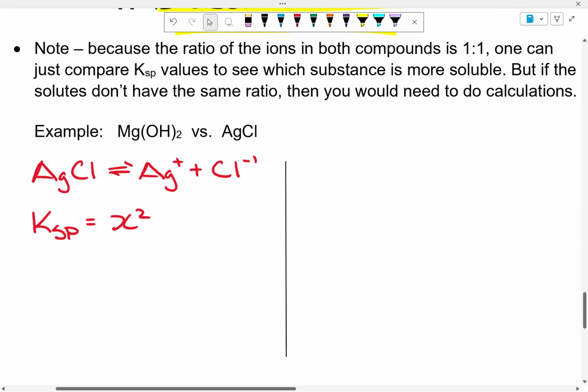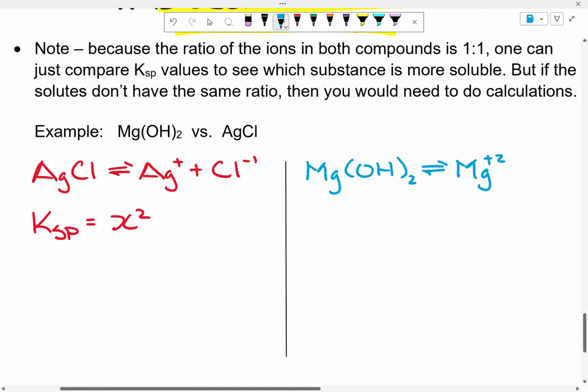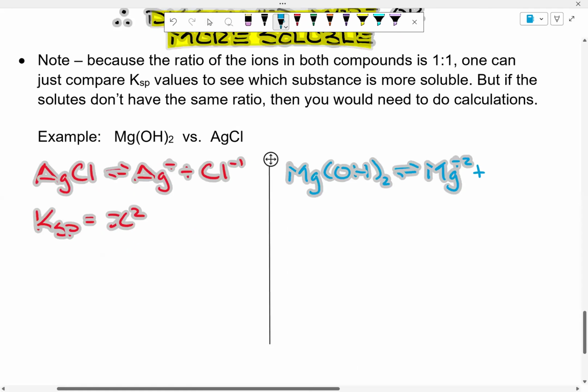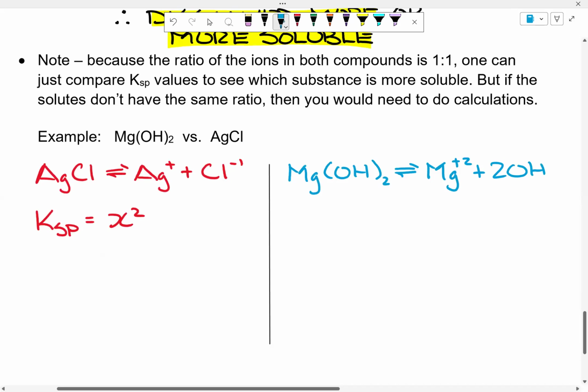You compare that with Mg(OH)2, in equilibrium with Mg2+ and 2OH-. The KSP in this case would be equal to x times 2x all squared, and so this would be 4x cubed.